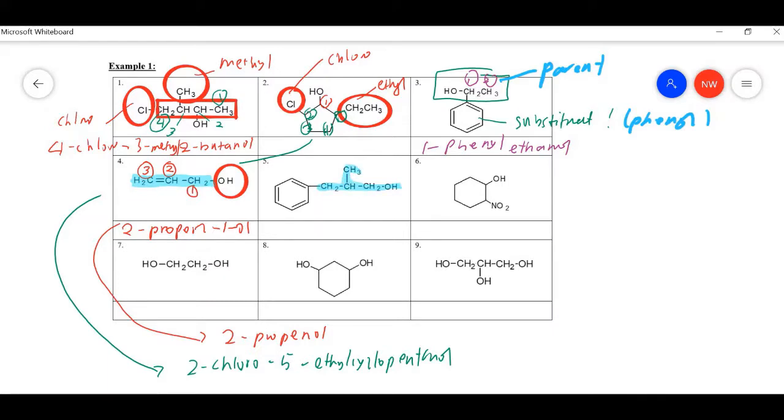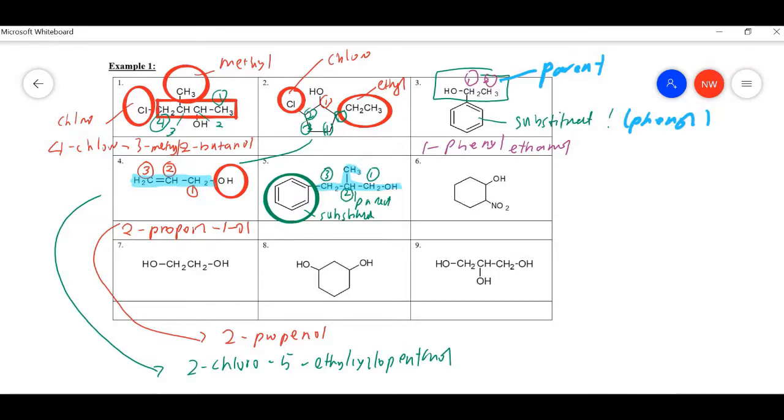Next example, as you can see here, kita ada still alcohol group, important functional group, attach kepada kita punya benzene ring. Yang ini akan jadi macam biasa, ini akan jadi parent, yang ini akan jadi substituent. Apakah parent dia? Ini nombor 1, ini nombor 2, ini carbon nombor 3.